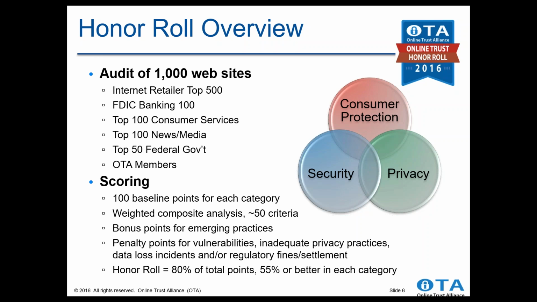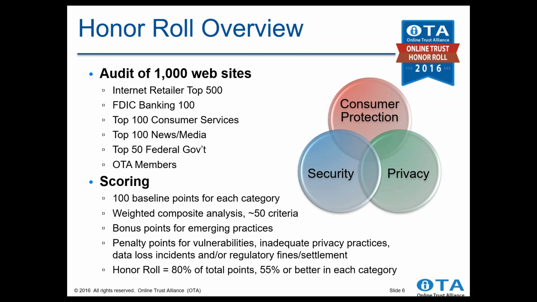And I should note that segment has evolved. We used to call that the social 50. We doubled the size, and really what the consumer services are sites that collect and require a user log on that are not banking or e-commerce. We've expanded the news sites to news top 100, federal government sites, as well as OTA members.